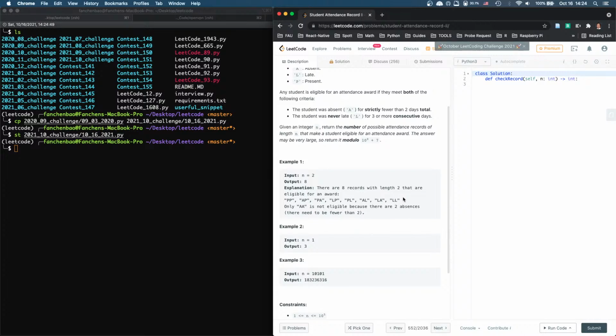Okay. Then I say 0A, so do not allow A, but allow L. So we just go to 0A, 0, 1. That's 4, so we plus 4. And then 1, 0 is just going to be plus 3. So that gives us 15.